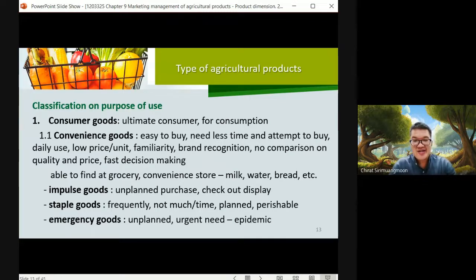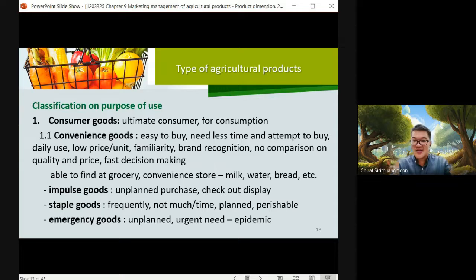You remember the brand name of the product, so normally you do not need to compare quality and price, because you know what it is. You also make very fast decisions. Some examples are products from a grocery store or convenience store, like milk, water, and bread.